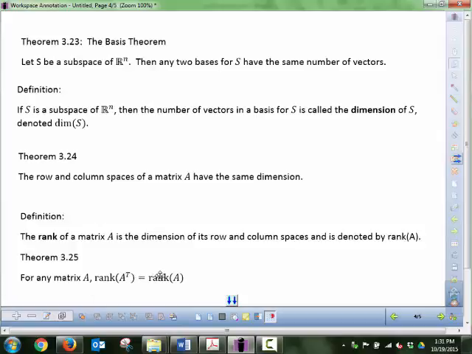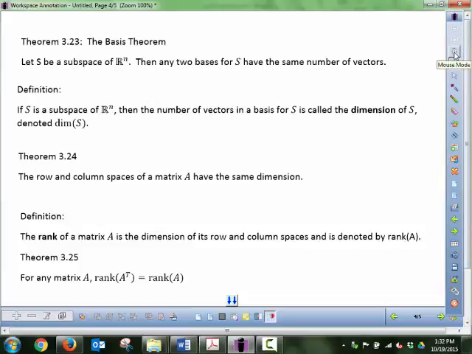And since the row space and the column space have the same dimension, if you take the transpose of it and then do the row reducing, you should get the same number. The transpose switches the rows and columns, so whether you switch the rows and columns or not, whatever you reduce, you're going to get the same number of non-zero rows.